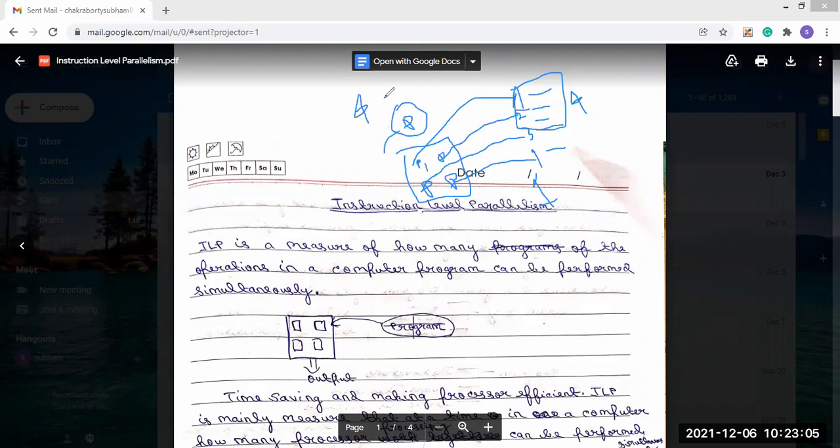But in the single processor system, it requires 4 units of time.